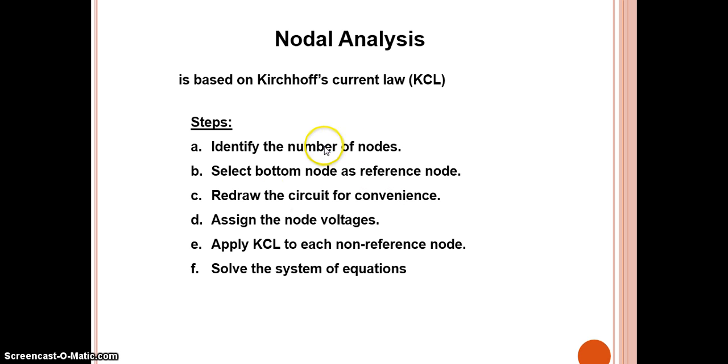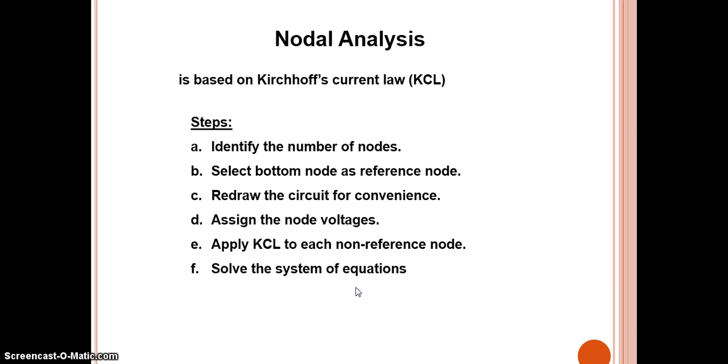So we have to assign the node voltages for that. And the fifth step is we have to apply the KCL to each non-reference node and solve the system of equations. So these are the steps we need to follow for the Kirchhoff nodal analysis.